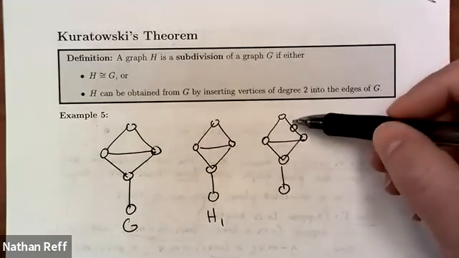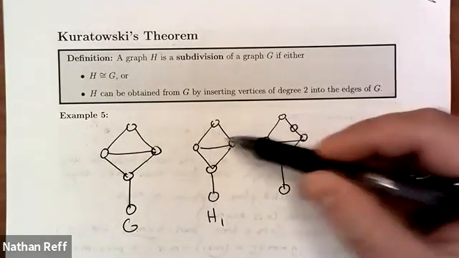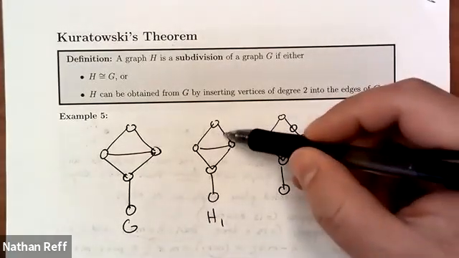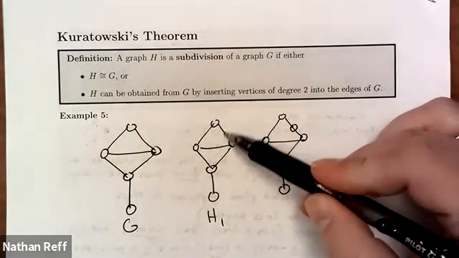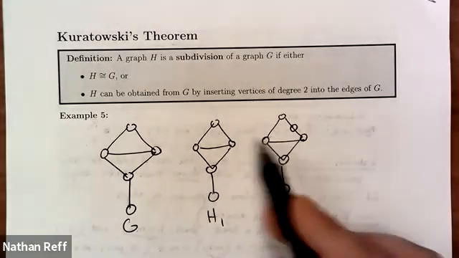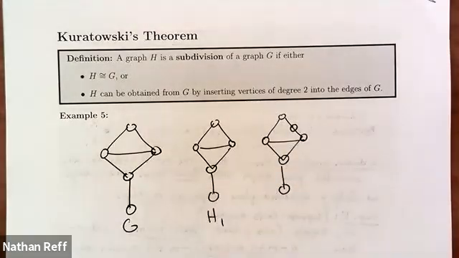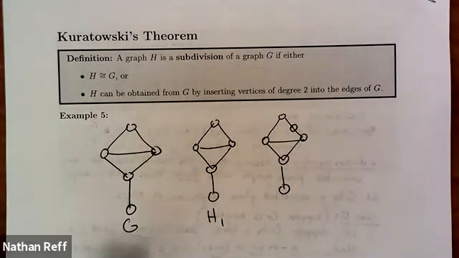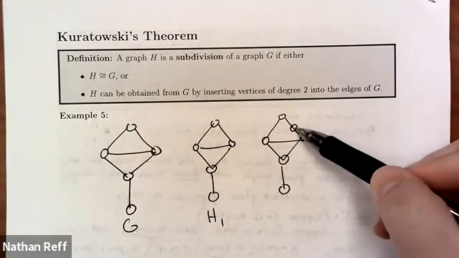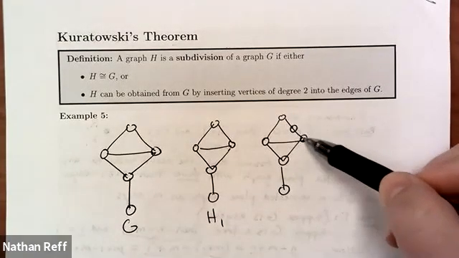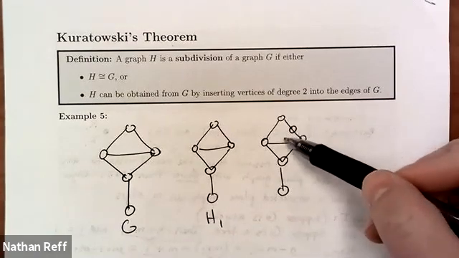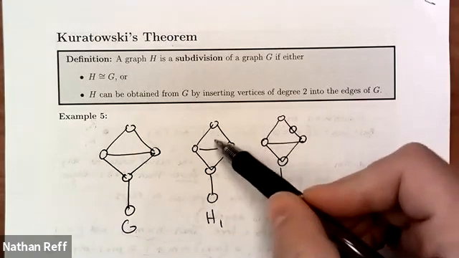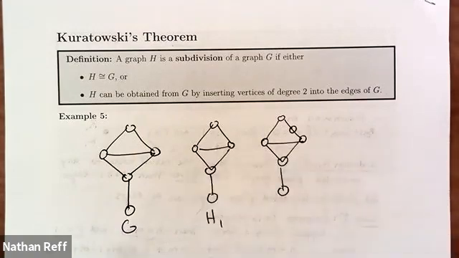So you get these 2 new edges and this vertex at the center. That process is reversible; it's sometimes called smoothing an edge out. If you have a vertex of degree 2 like this, you can smooth it out, getting back to the original edge that you had.